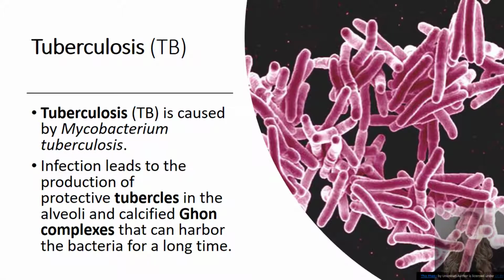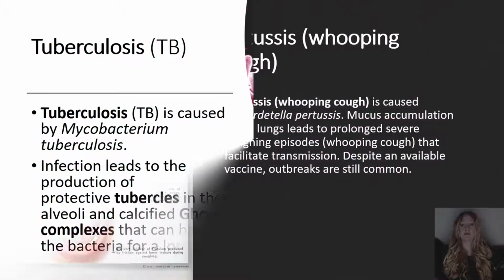Tuberculosis, or TB, is caused by Mycobacterium tuberculosis. Infection leads to the production of protective tubercles in the alveoli and calcified Ghon complexes that can harbor the bacteria for a long time.